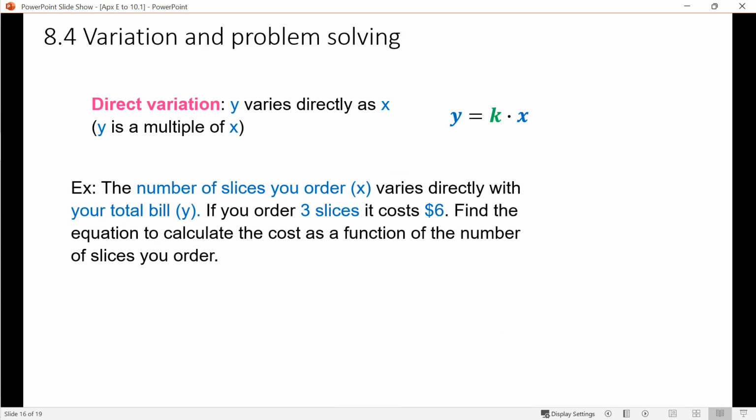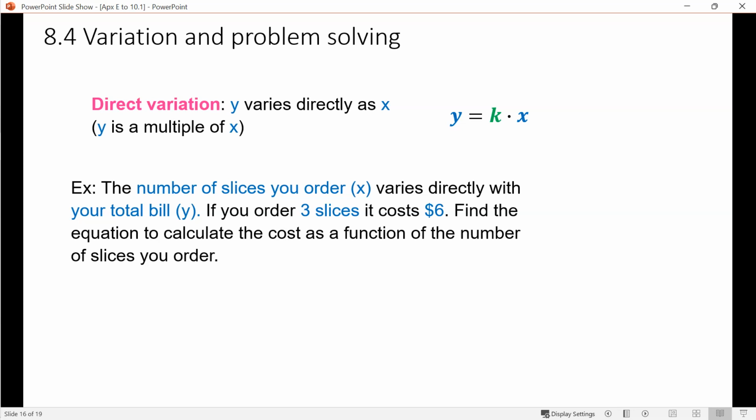So direct variation, y varies directly as x. Sometimes we say that y is just a multiple of x. For example, let's say the number of slices you order varies directly with your total bill. And here you are, you're at a pizza shop and you're just ordering slices of pizza.